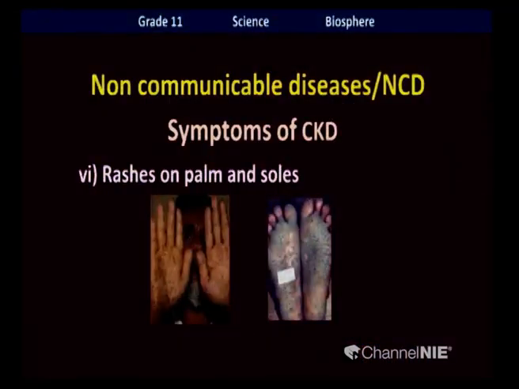So the urea, uric acid and creatinine levels in blood increase and they accumulate in blood. In the severe stage, you have to purify your blood artificially using a machine. We call it dialysis. Next one, rashes on the palm and the sole. This is also a symptom of chronic kidney disease.